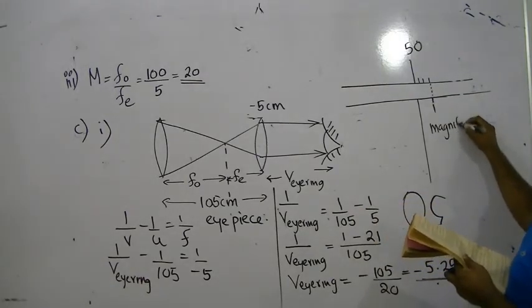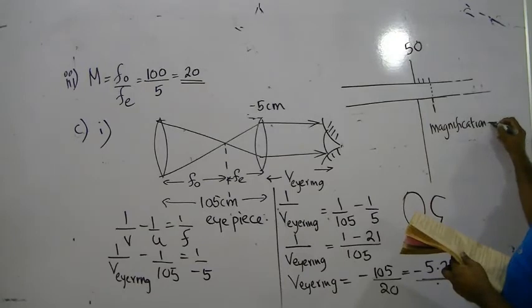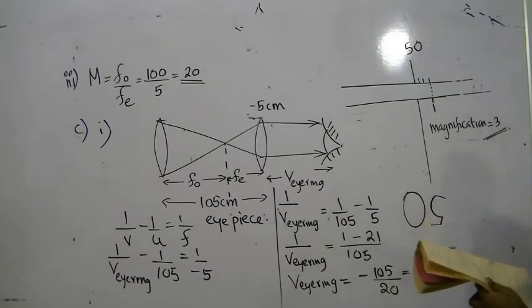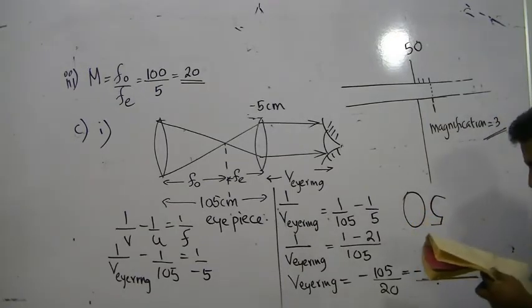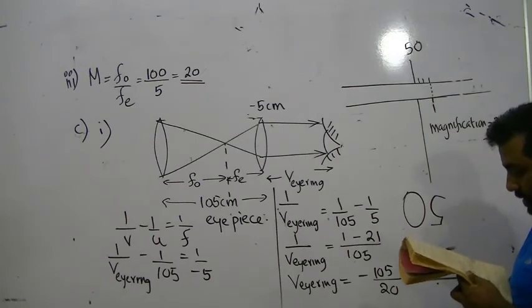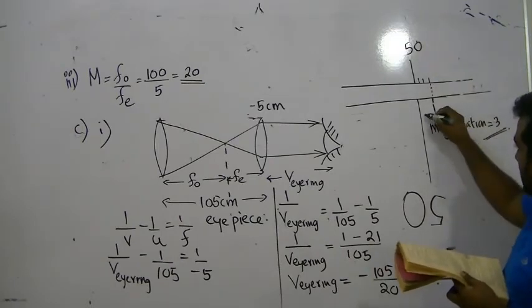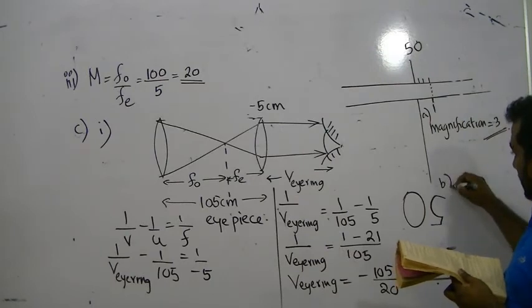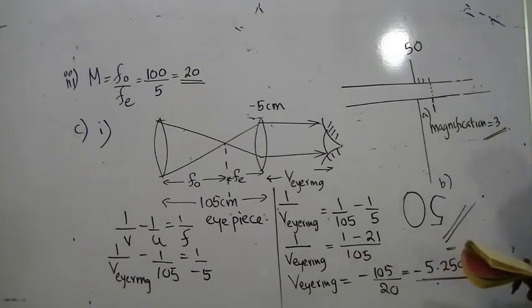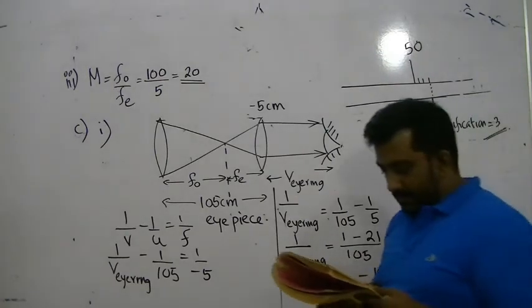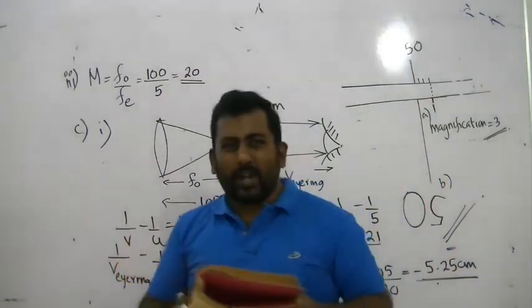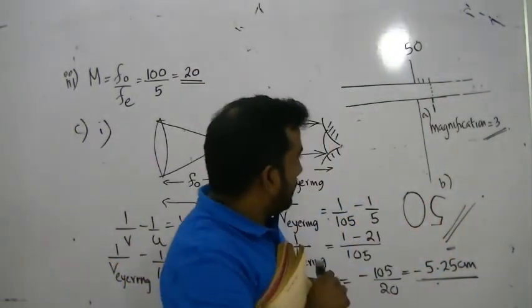So magnification is 3 times. Indicate correctly on figure B how it will appear. 50 will appear like this. So magnification is 3. Figure will be seen like this. Not required to offer the correct magnification.